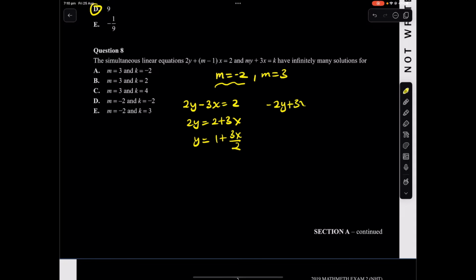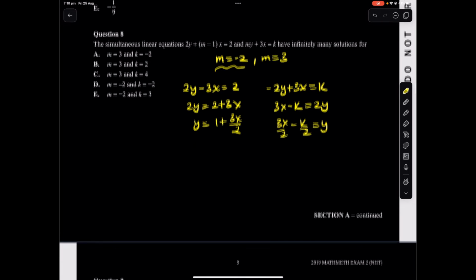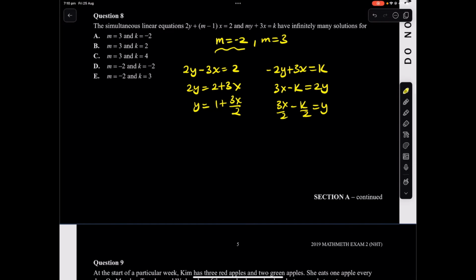And if we sub into the second equation, that will mean -2y plus 3x equals k. And we're saying 3x minus k equals 2y. So 3x over 2 minus k on 2 equals y. Perfect. So we can see that the gradients are the same.